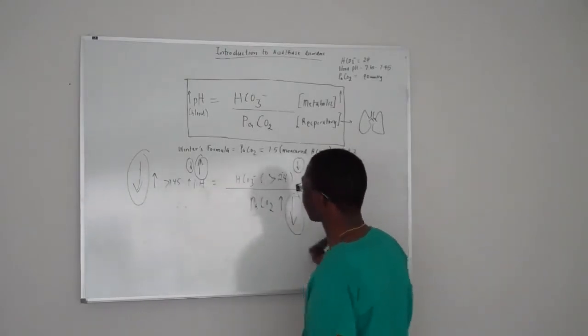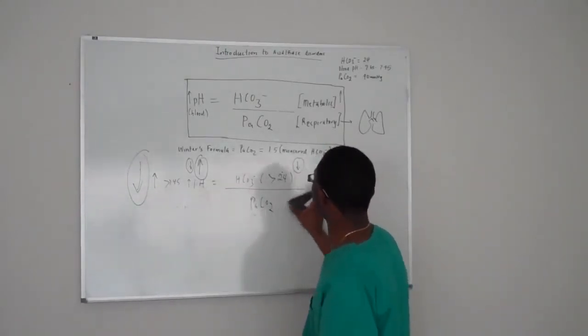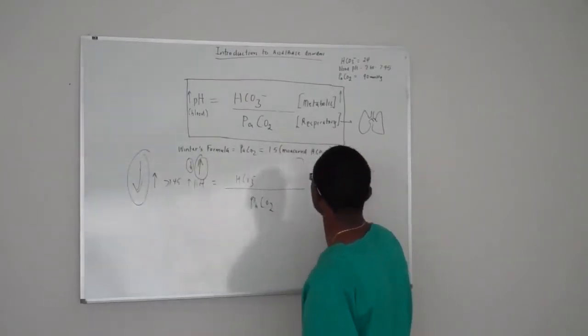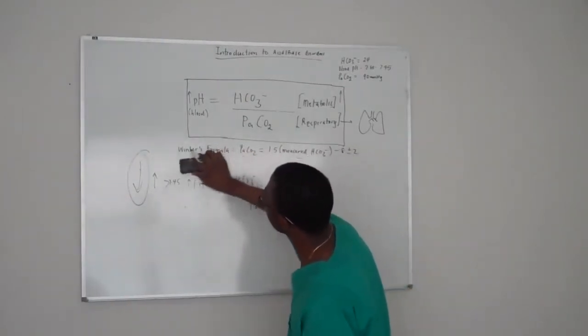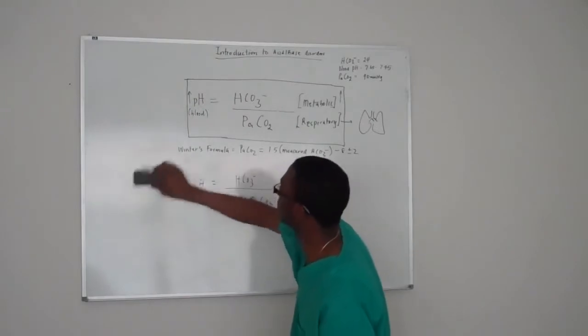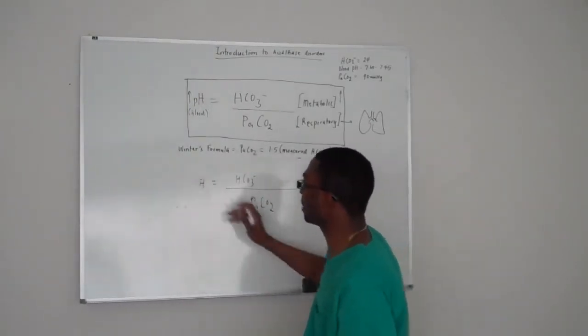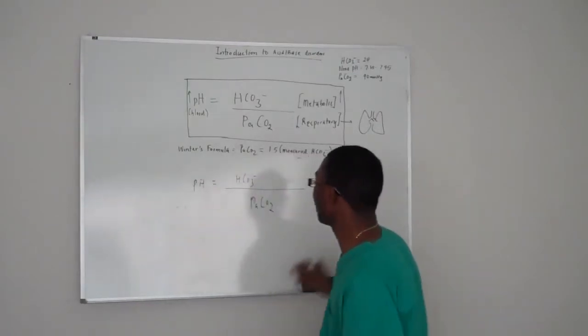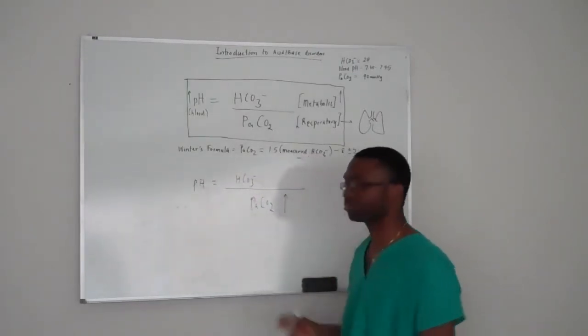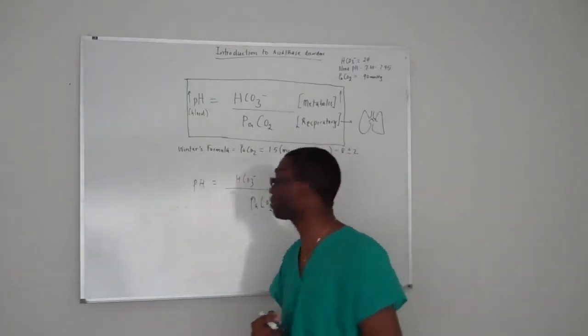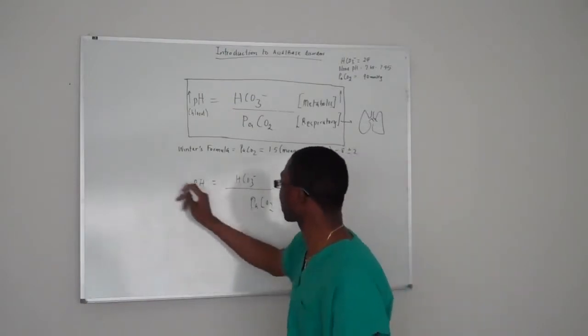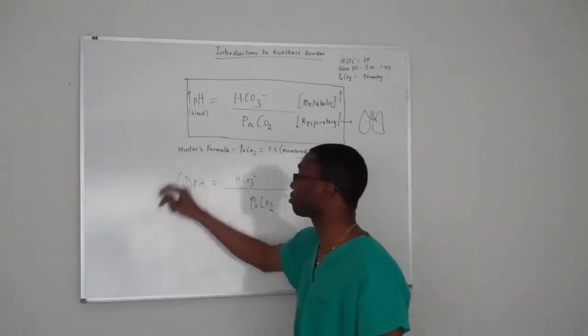For example, let's pick PaCO2. I'm going to erase some of this stuff out of the way. If you just play with this for a minute, you'll see exactly what I'm saying. If PaCO2 is going up, if that's where your primary problem is coming from, that means automatically the pH will go down.